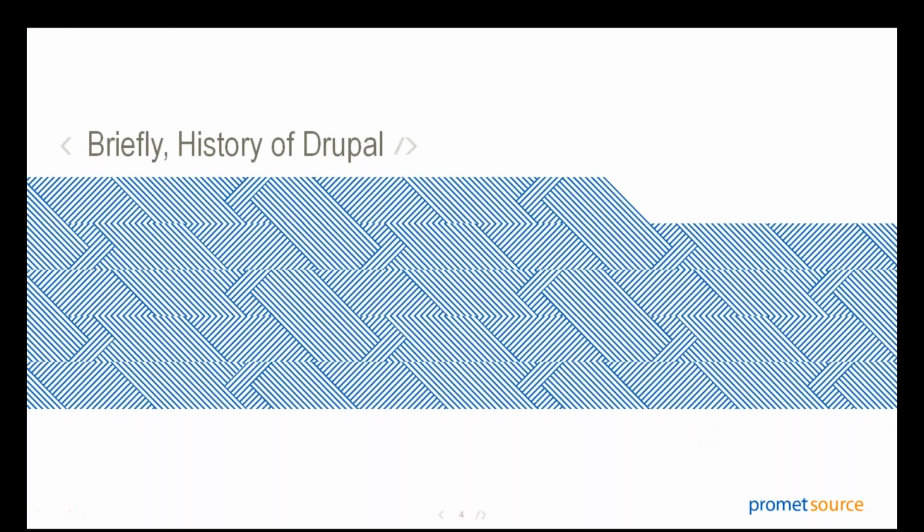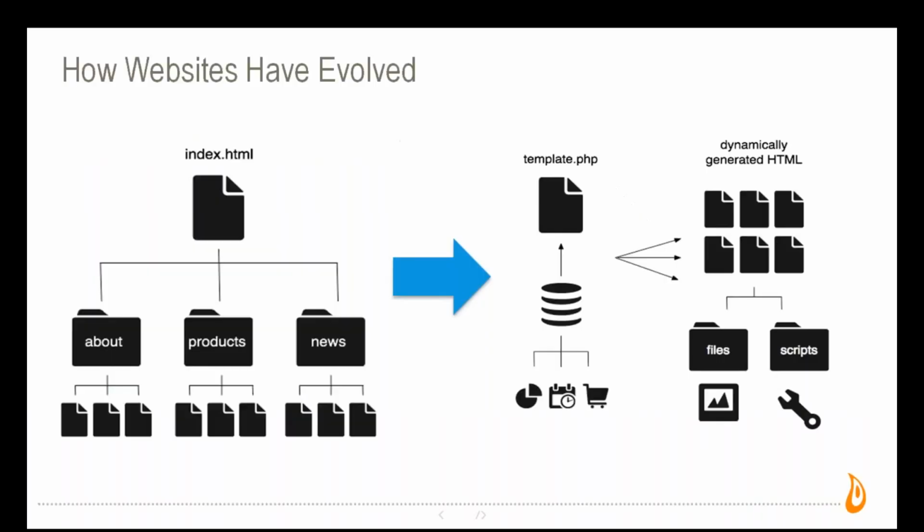All right, so let's jump in with a brief history of how we've gotten where we are today with Drupal 8. So the way I learned to build websites back in the mid-90s was much different than where we are today. Actually, back then, HTML 2 had just introduced image tags, and CSS was still in its infancy.